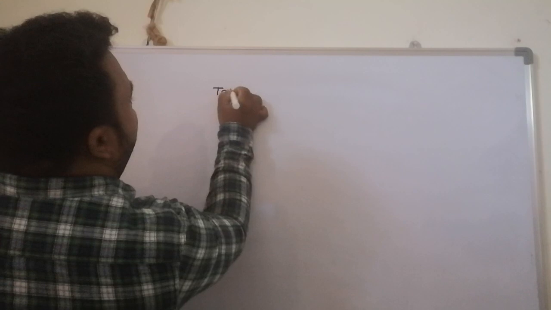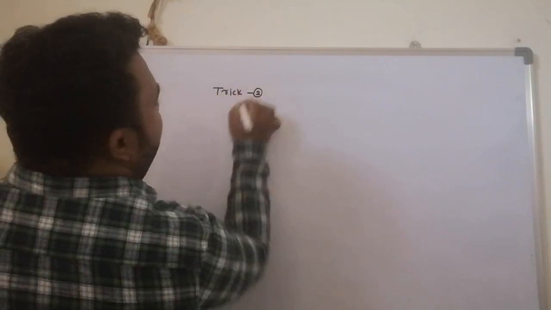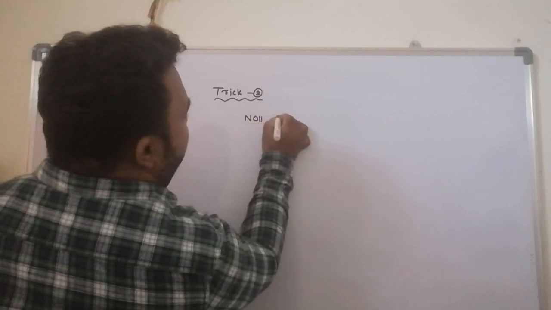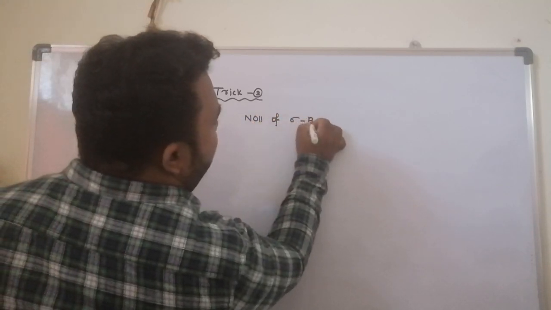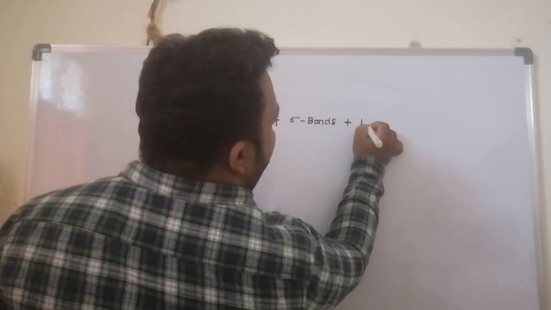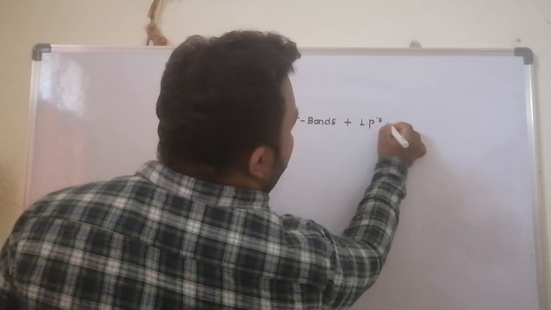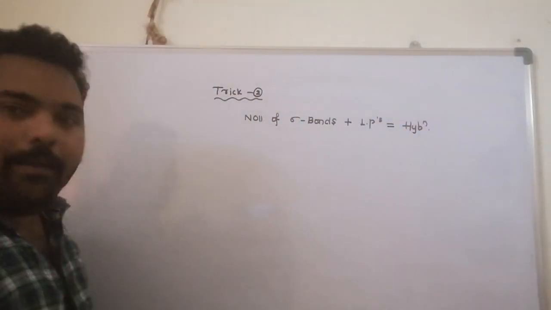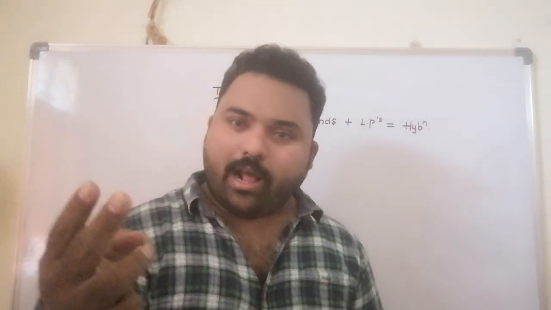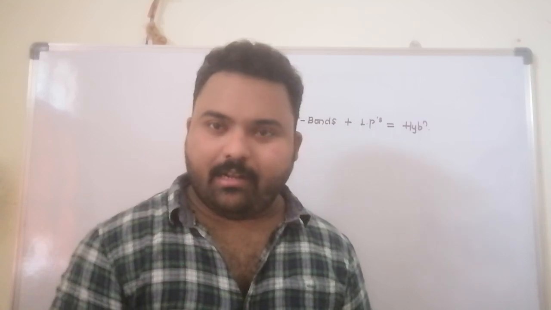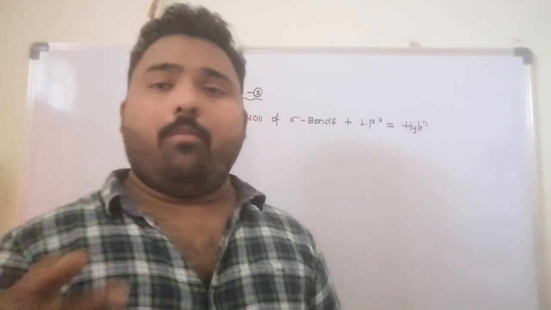Trick number 2: number of sigma bonds plus lone pairs gives the hybridization, in case non-bonded electrons or lone pairs of electrons are present in a molecule.